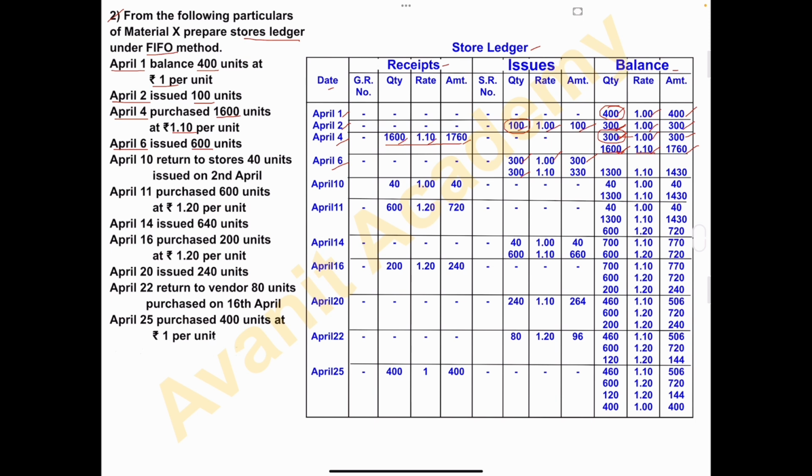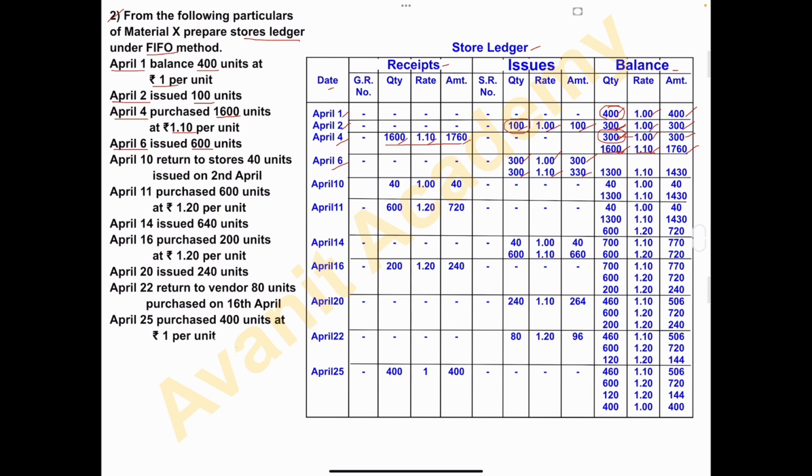Yes, for this 1600 the rate per unit is 1.10, so we'll take that rate here 1.10. Multiply this 300 into 1.10, you will get 330. So total we have issued 600 units on 6th April.